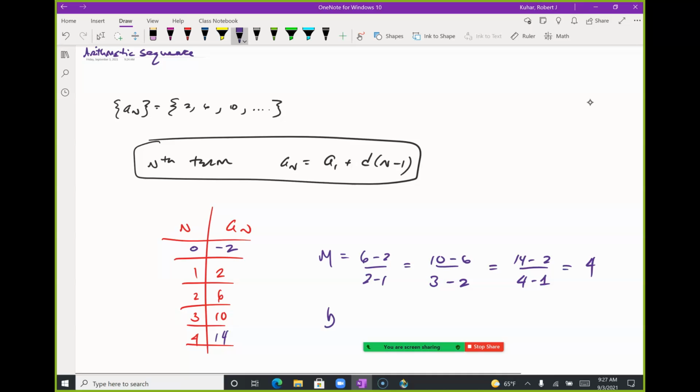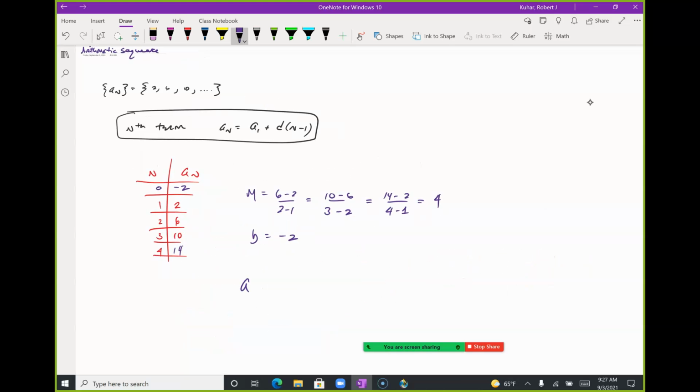And I get a b value of negative 2. And so, of course, I get my a sub n is 4n minus 2. Not a coincidence that the slope is 4, because I'm adding 4 every time. When n is 1, I'm adding 4 once. When n is 2, I'm adding 4 twice. When n is 3, yes, that's right.